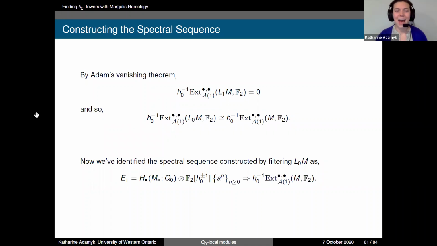So now we're going to come back to Adams' vanishing theorem that told us if I have a Q1 local module, h naught inverted Ext of that is going to be 0. Since I know M sits in this triangle between L naught M and L1 M, and h naught inverted Ext of L1 M is 0, I get an isomorphism between h naught inverted Ext over A1 of M and its Q naught localization.